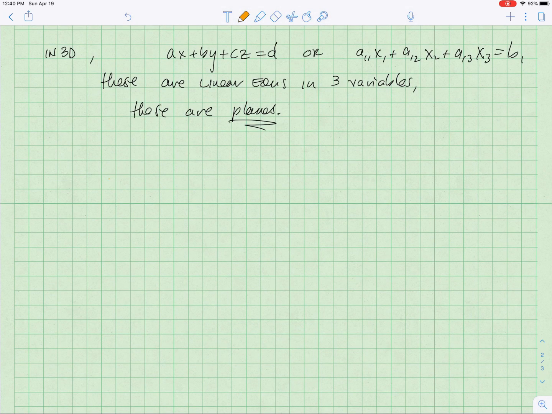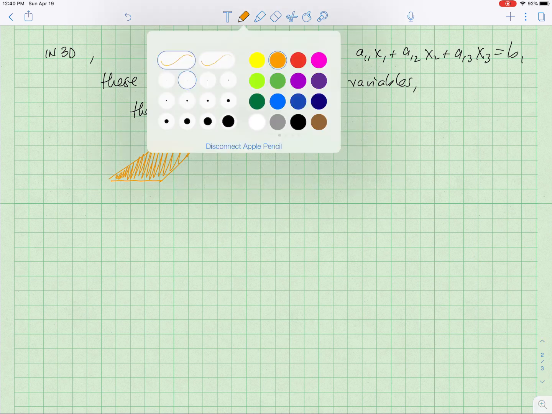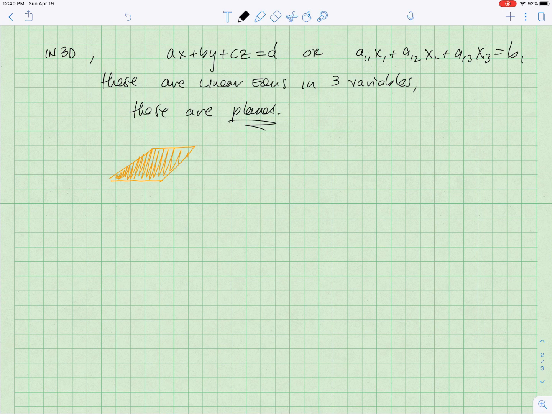Let's see. Without being too technical. There's my first plane. And I can have a second plane here. And I'm trying to draw them so that they are, in fact, parallel to one another. So, parallel planes.